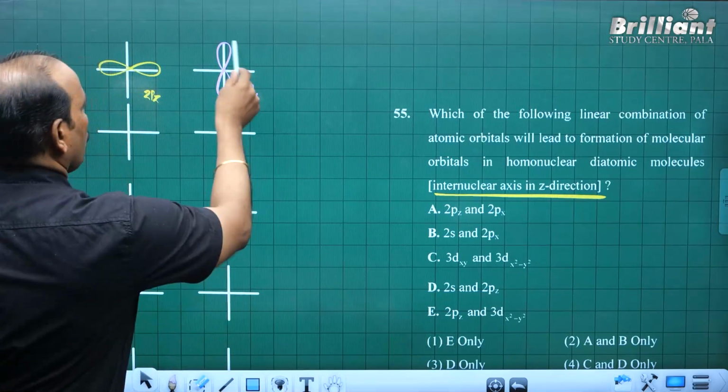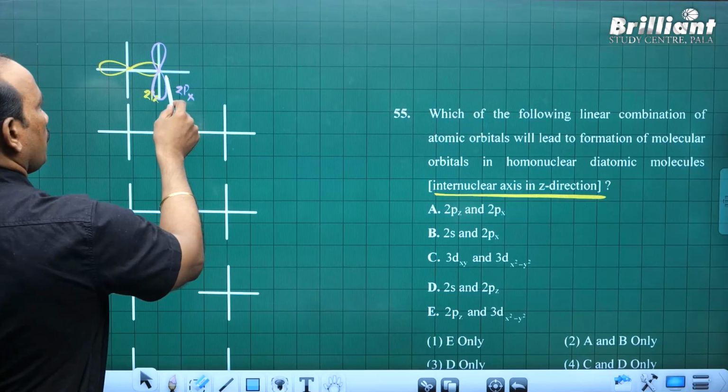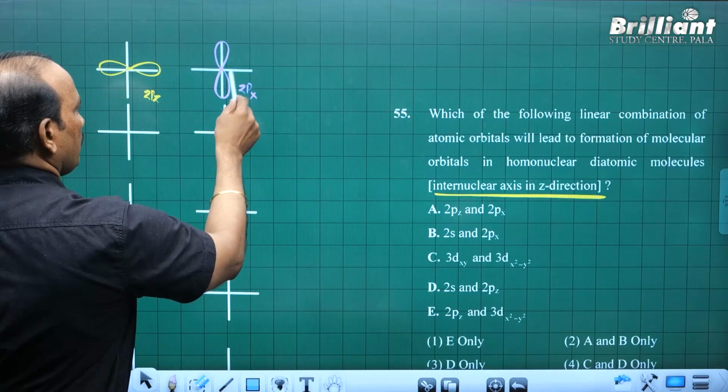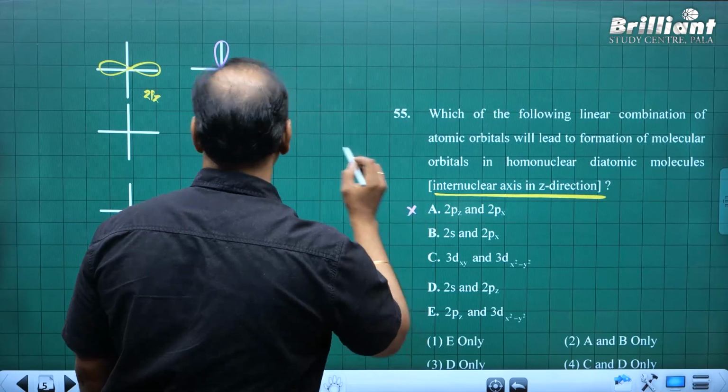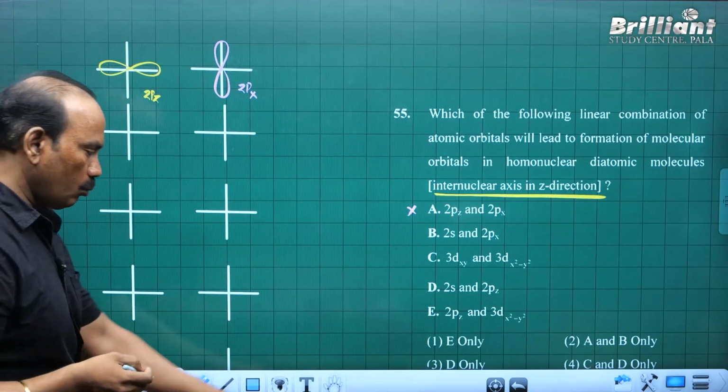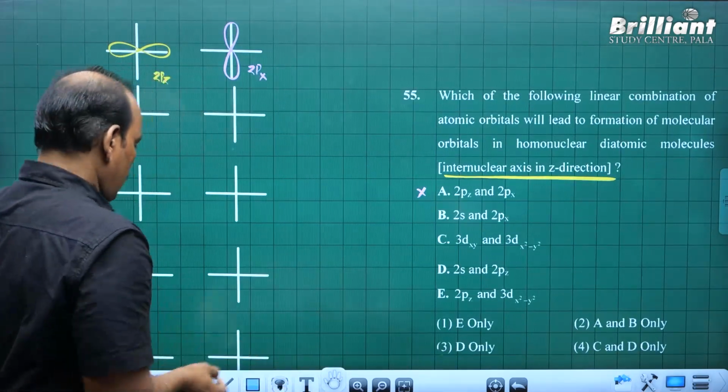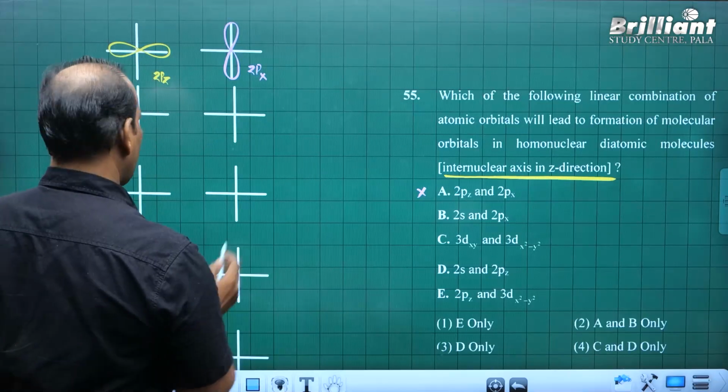So this is not able to form a bond, that's why this is not possible, this is wrong. Clear? Now next one is s orbital and px.